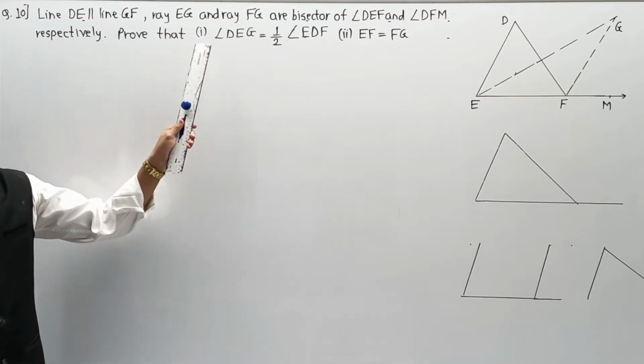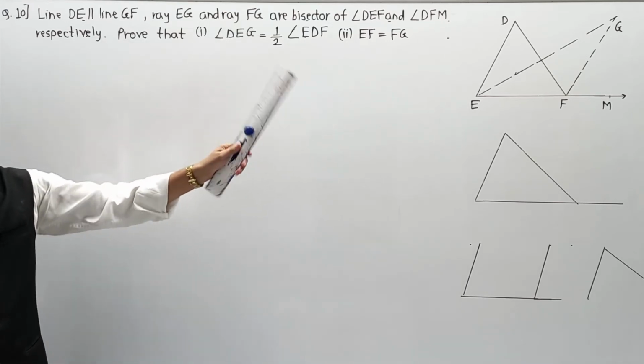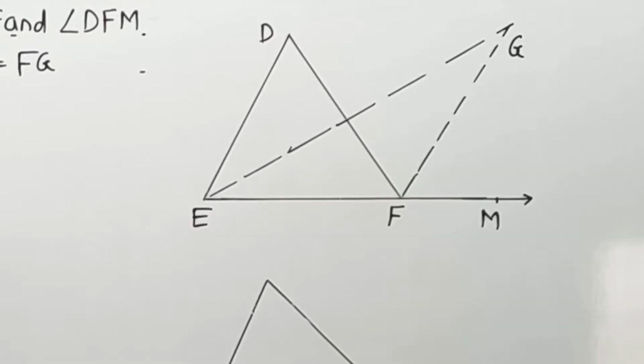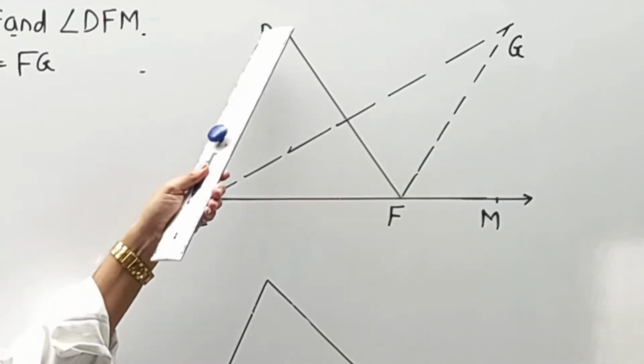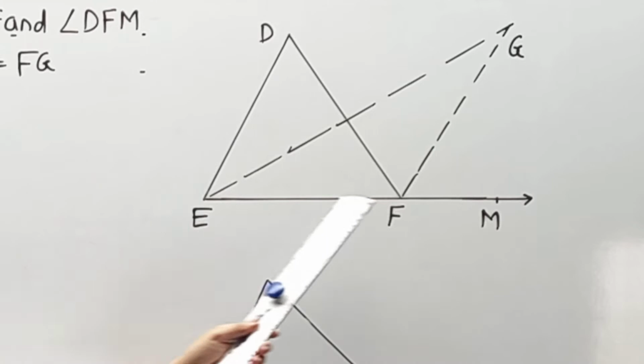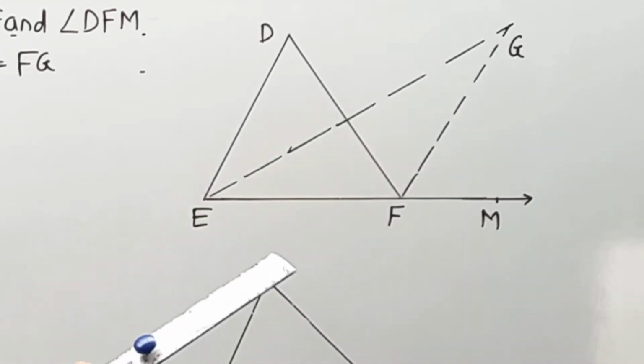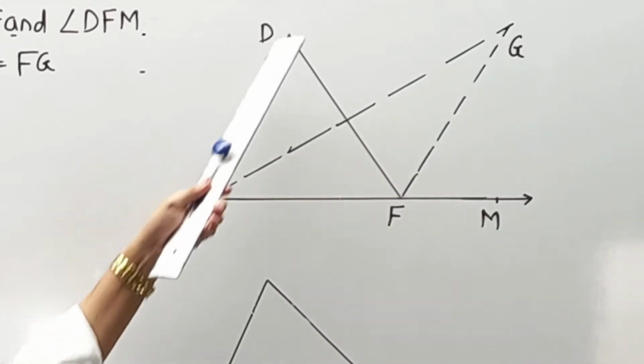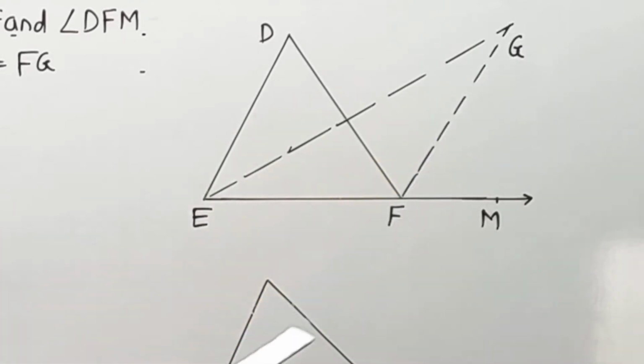Now I am going to explain the same question from a diagram point of view so everyone can understand. As per the question, they have given line DE parallel to FG, or DE parallel to GF.